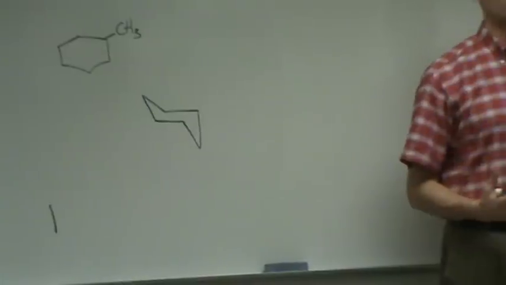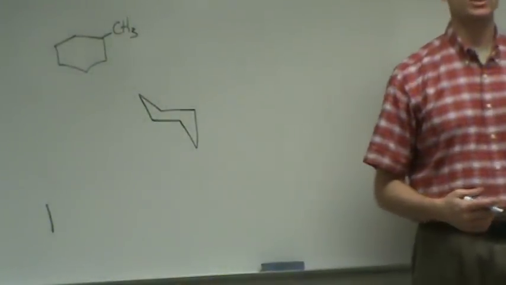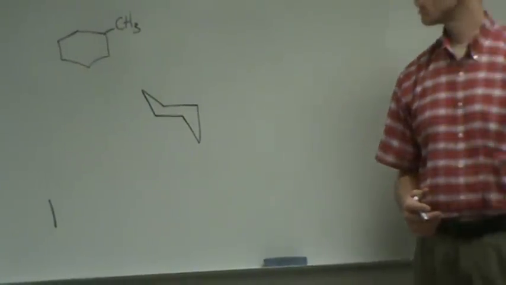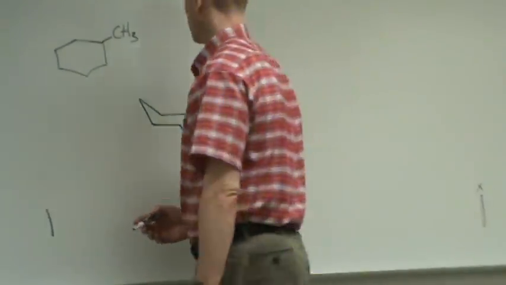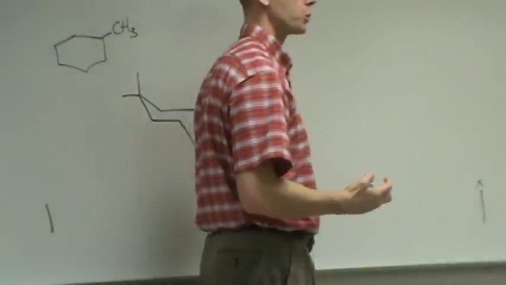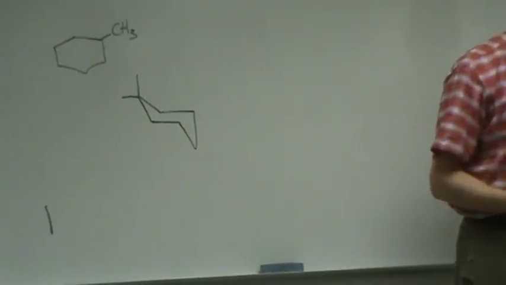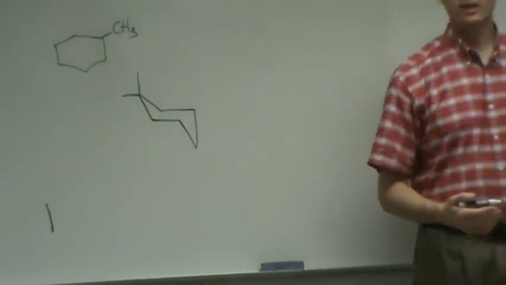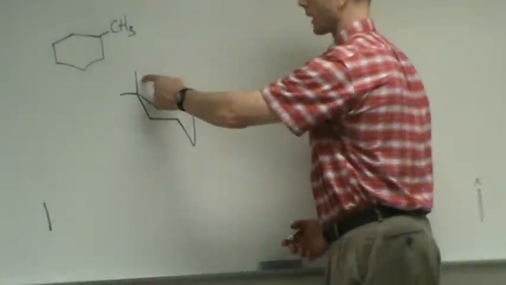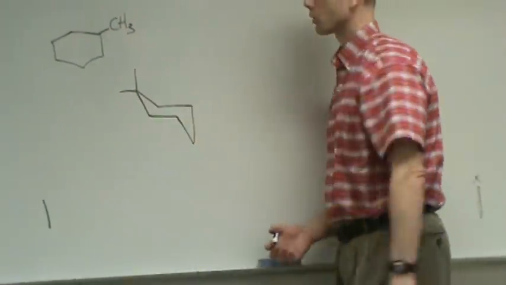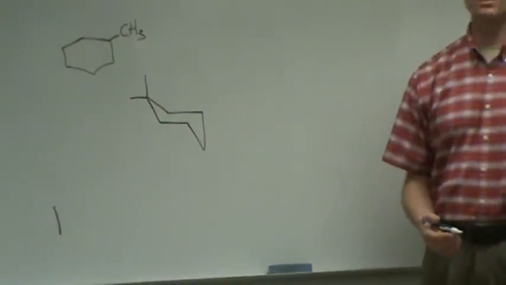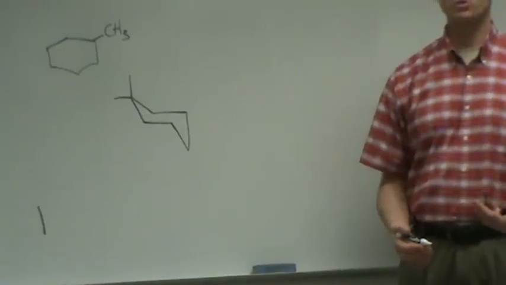So there's the chair. Maybe you're finding it's difficult to draw that, but it gets easier with practice. And we want to put on this methyl group. Let's choose any carbon to put on that methyl group. Doesn't matter. Now if I come to a carbon, I got 1 or 2 bonds to put on the CH3, the axial or the equatorial.